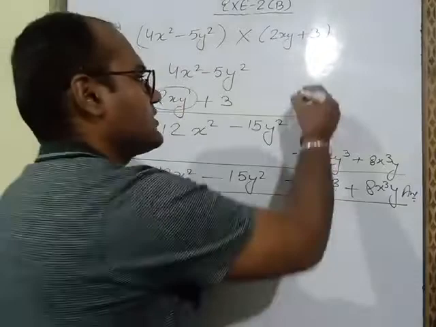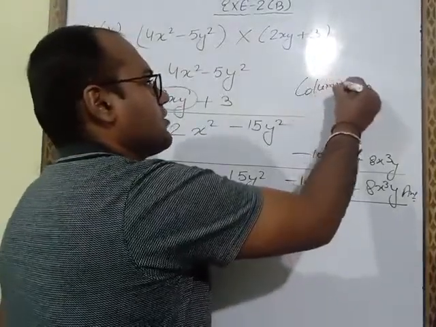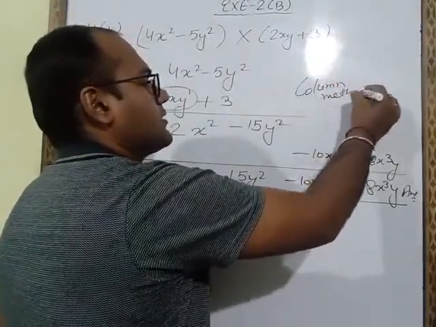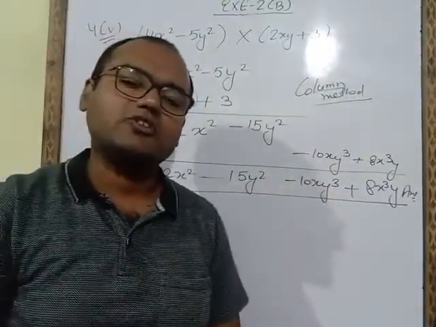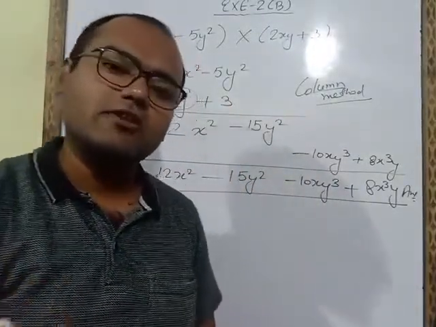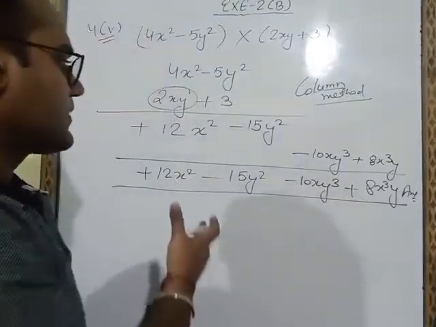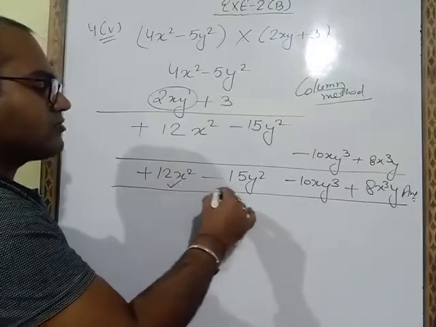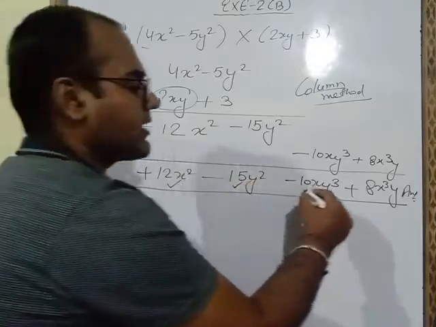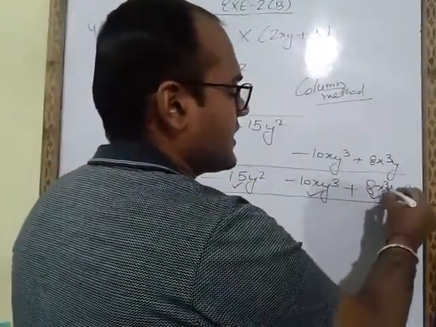This method is known as column method. So in this question number 4th, in the heading it is not mentioned which method you have to use, so you can use any method. So here answer is 12x power 2 minus 5y power 2 minus 10xy cube plus 8x cube y.